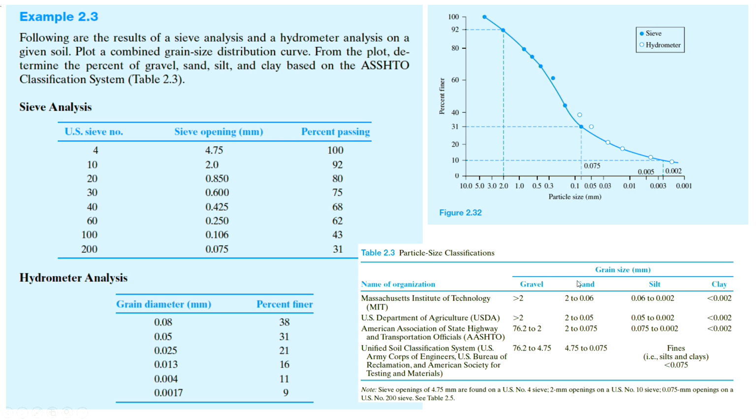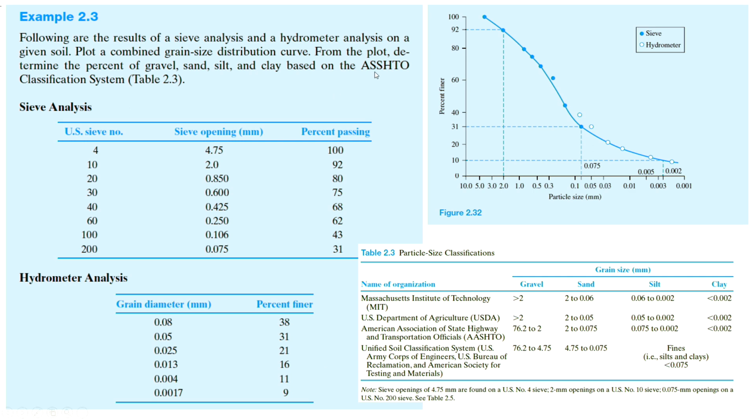The MIT system has its own delimiting particle sizes for gravel, sand, silt, and clay, and AASHTO is different from MIT, right? So this is why the question fixes the classification system. If it asks you to determine the percentages of gravel, sand, silt, and clay but doesn't tell you which system to follow, you may get different results, because we have different codes to follow.